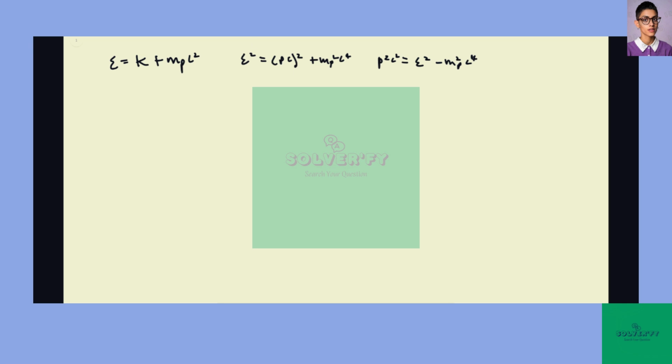And now we have this for the total energy here, so we can plug that in here, and we get p squared c squared is equal to (k plus the rest mass m_p, the mass of the proton, times c squared) squared minus m_p squared c to the fourth.